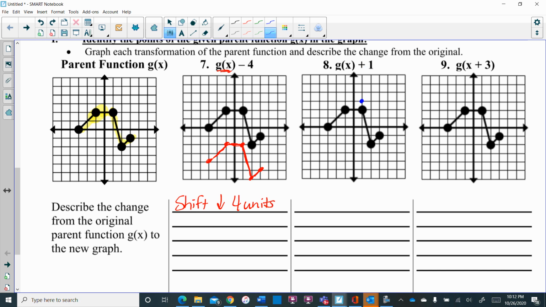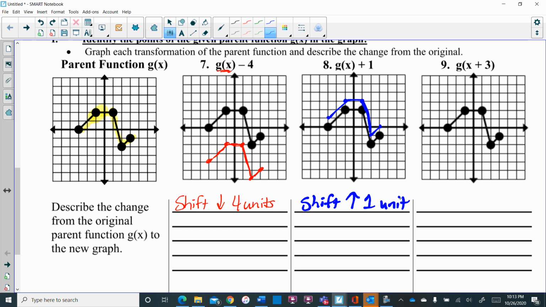That means each point is just going up 1, and then you can connect the points. Describing it in words, this would be a shift up 1 unit.